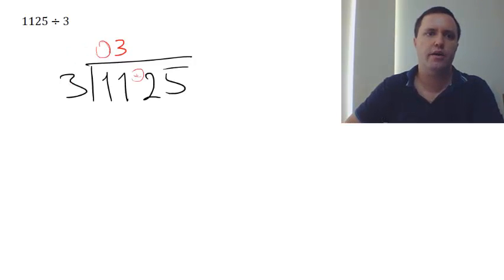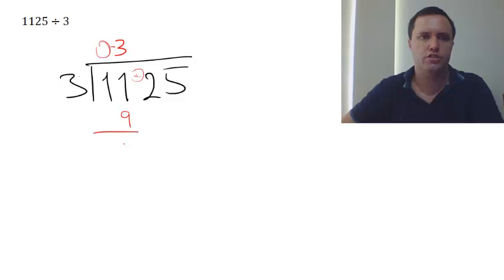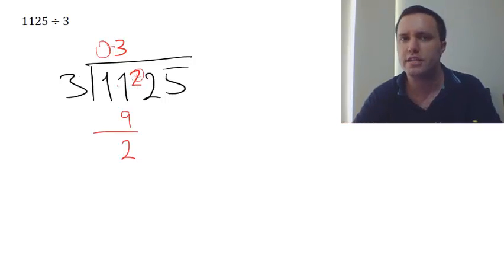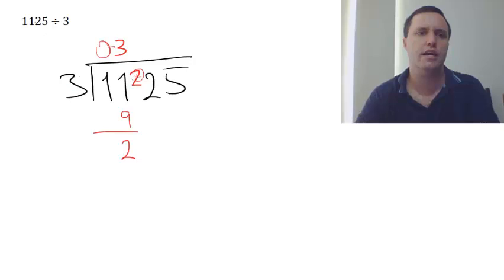Okay, so now we go 3 times 3 is 9. So 11 minus 9 is 2. Okay, so now we've got 3 into 22. Okay, so it's just one way to double check that you're sort of on the level with this. Okay, so now 3 into 22 is 7 times.